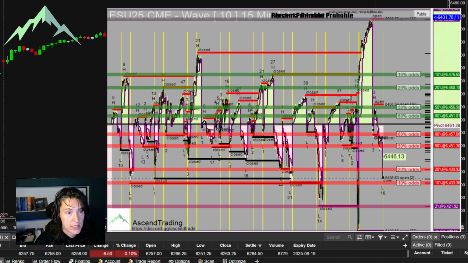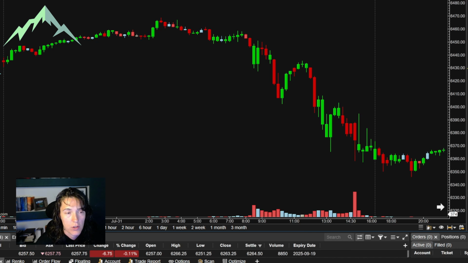On our 10-wave 15-minute, we had a 10% chance of continuation down at 64.33 and then really extended downside to 64.20. So my idea for my main trim was going to be around the 64.33 area because we had 10% odds of continuation on our 10-wave and 10% odds of continuation on our 20-wave 15-minute charts.